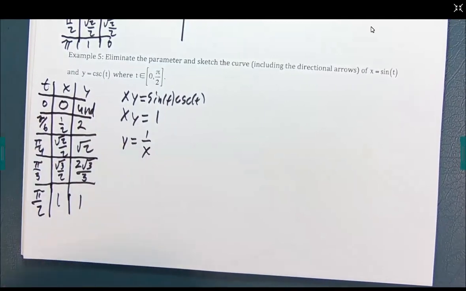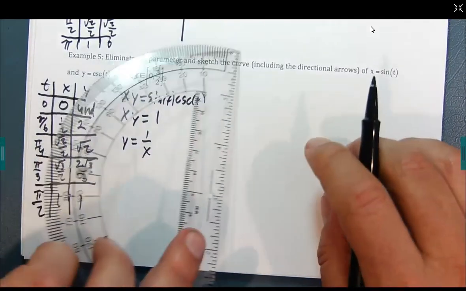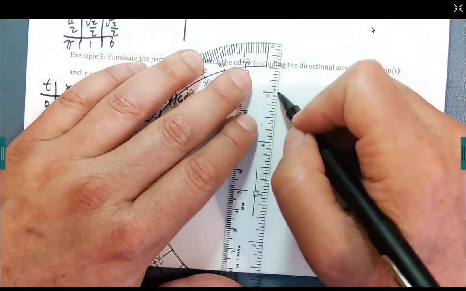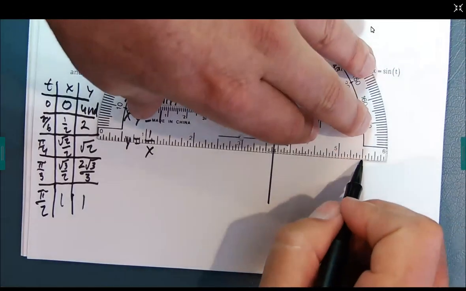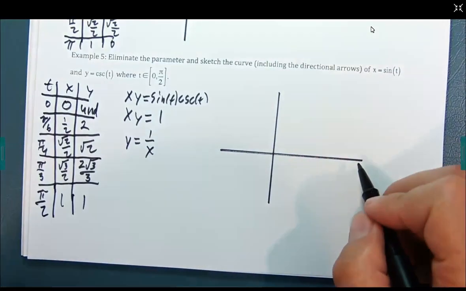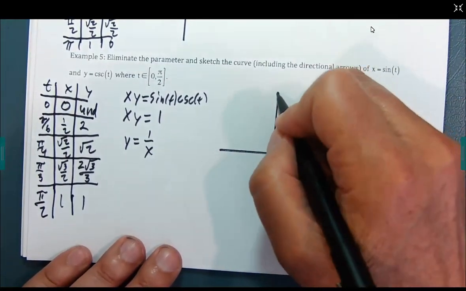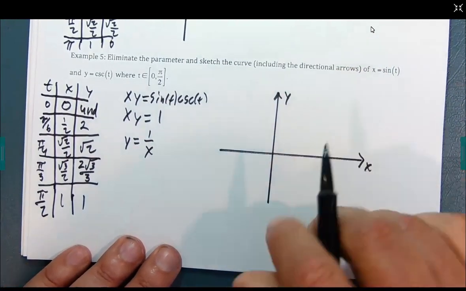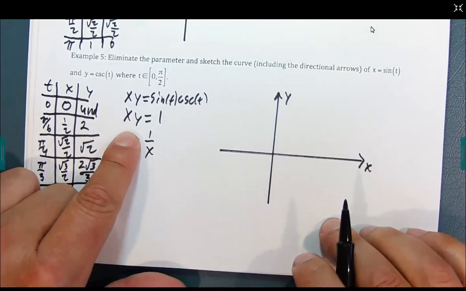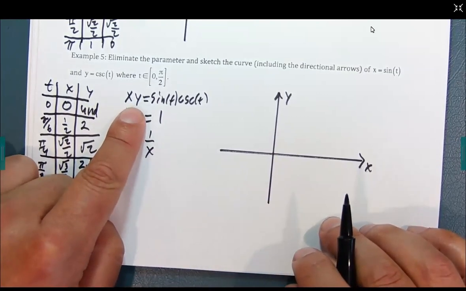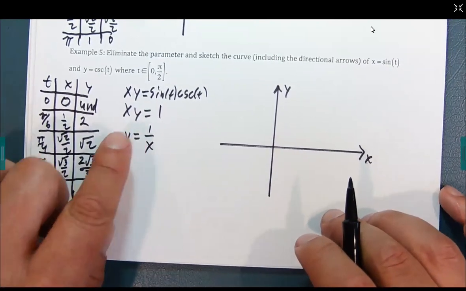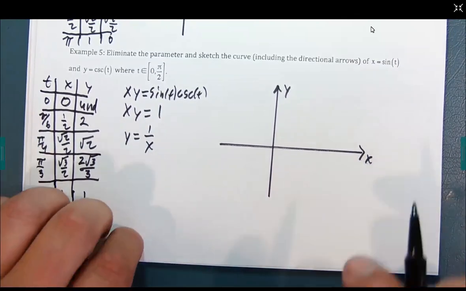We'll be dividing by 0 there. So we kind of have an idea of what this is supposed to look like, but this is only going to be part of the graph. And if you remember this, it's asymptotic on the x and the y axis. And you can see right here, if x equals 0, then 0 equals 1. That's an inconsistency. Same with plugging in a 0 for y.